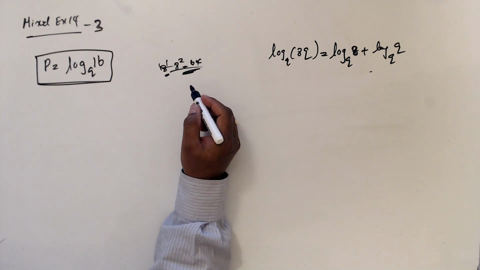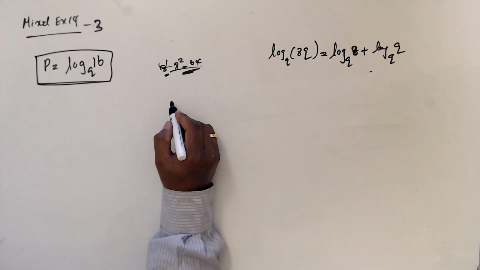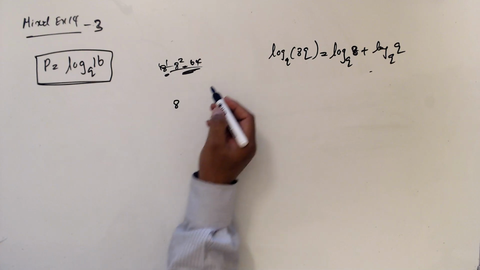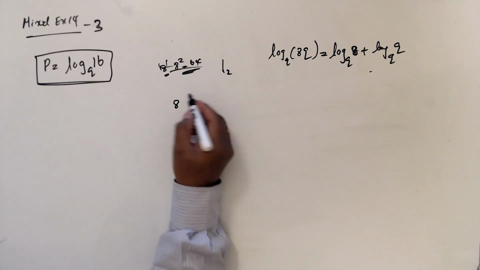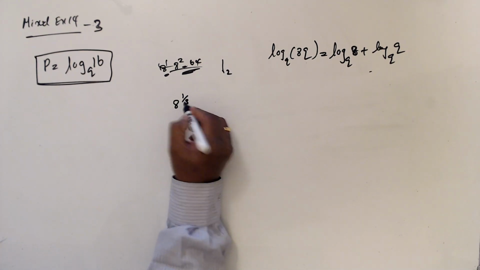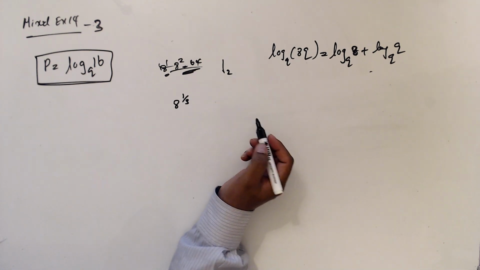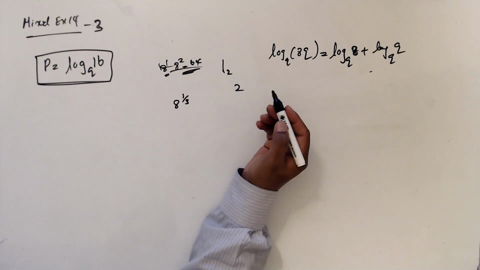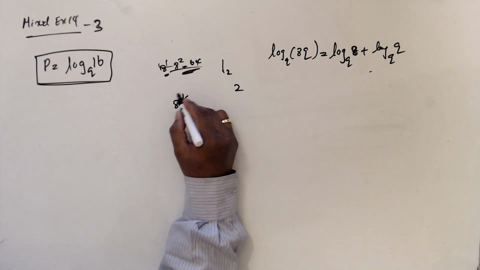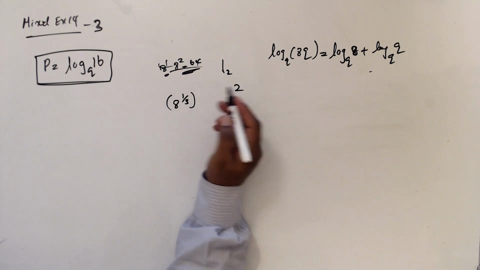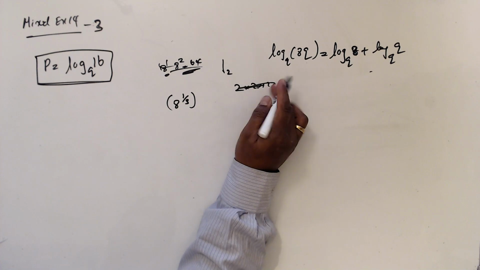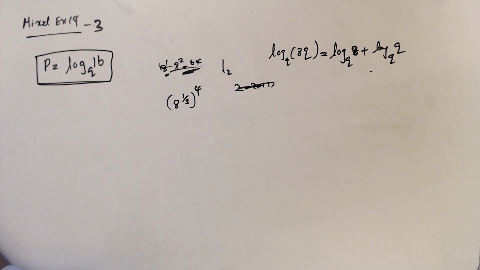Then what I'm going to do, I will take 8, then I'll bring it into 2. So I will take 1/3. What is 8 to the power 1/3? Third root. It's going to be 2. Now this value is 2. And 16 means how many 2's? 2 to the power 4. Then this is 4.